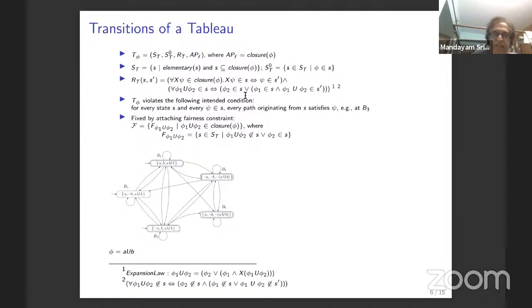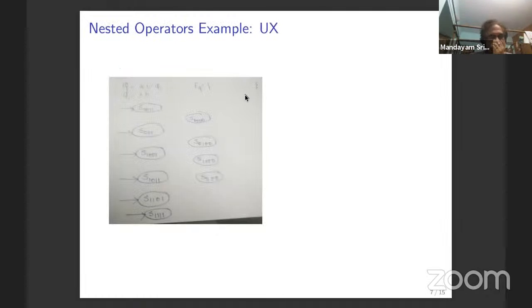And then you will have fairness conditions for every subformula that is rooted at U. In this case, there's only one such subformula.